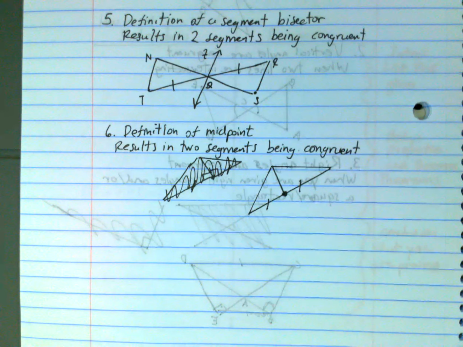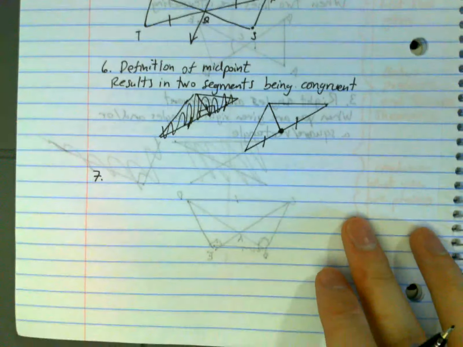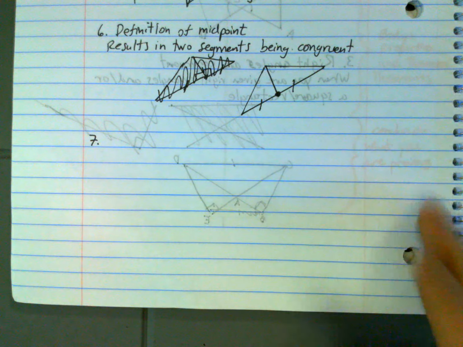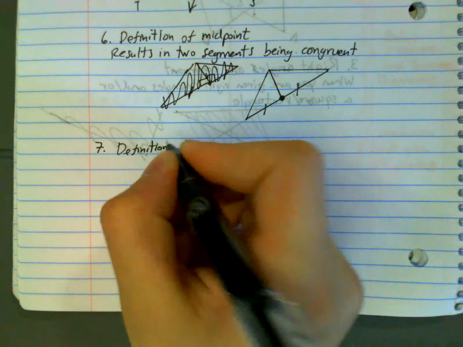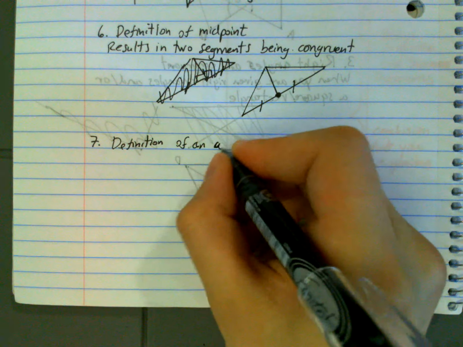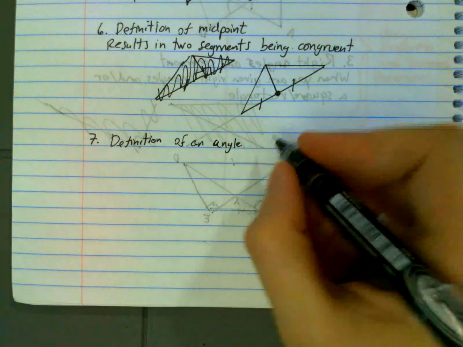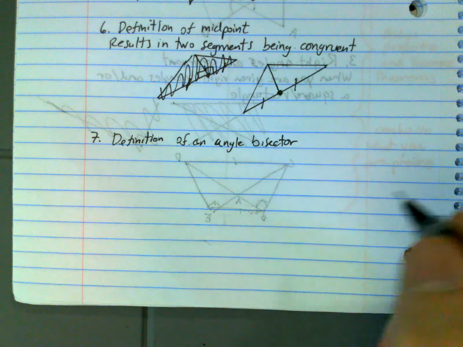Okay. Number 7. Definition of an angle bisector.